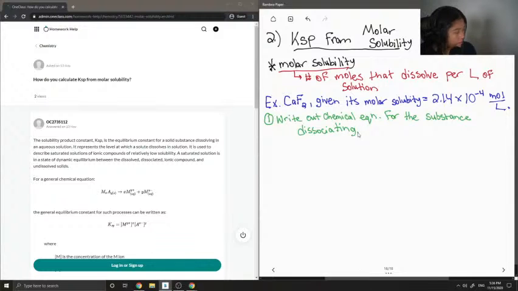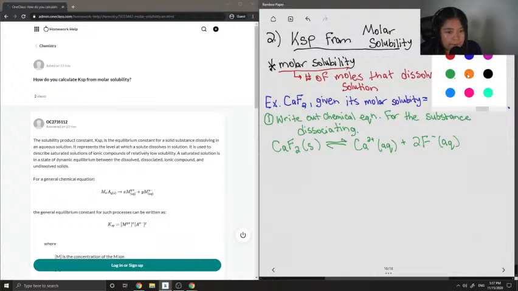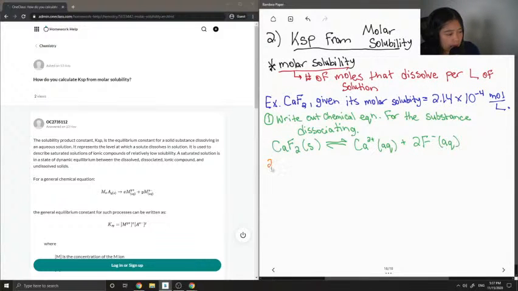In the case of calcium fluoride, I'll put it as a solid, and then I'll show it dissociating into its ions. Its ions would be calcium 2 plus and also 2 fluorine minus. Okay, so that is step 1. Step 2 is to write the KSP expression.